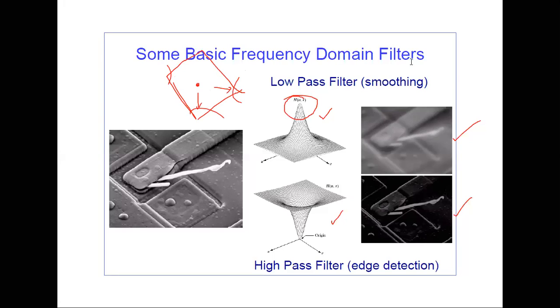So here they have given a diagram. As you can see, the edges have been enhanced, because a sudden change or an edge is nothing but high frequency, and all the minute details.